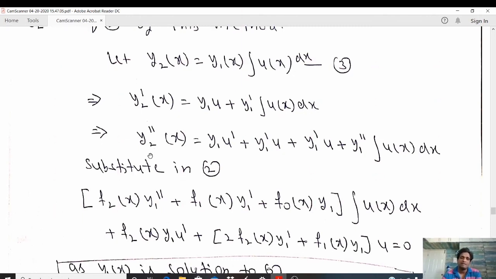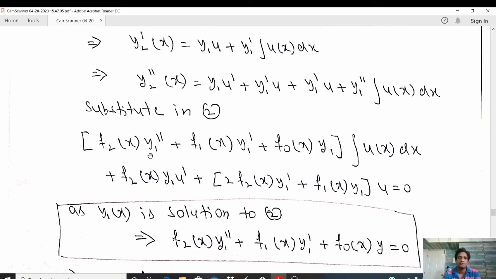Again I am finding the second derivative, y2 double dash. It will come: y1 u dash, plus y1 dash u, plus y1 dash u again, plus y1 double dash times the integration of u(x) dx.